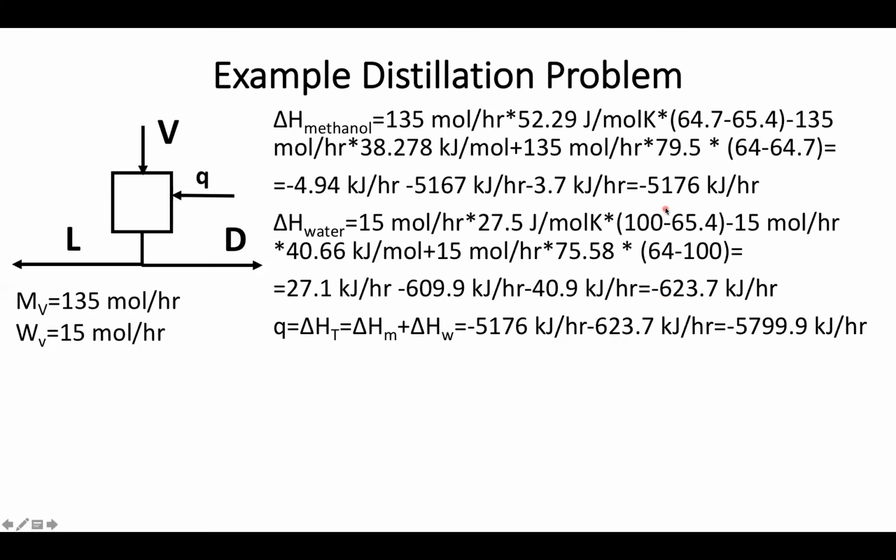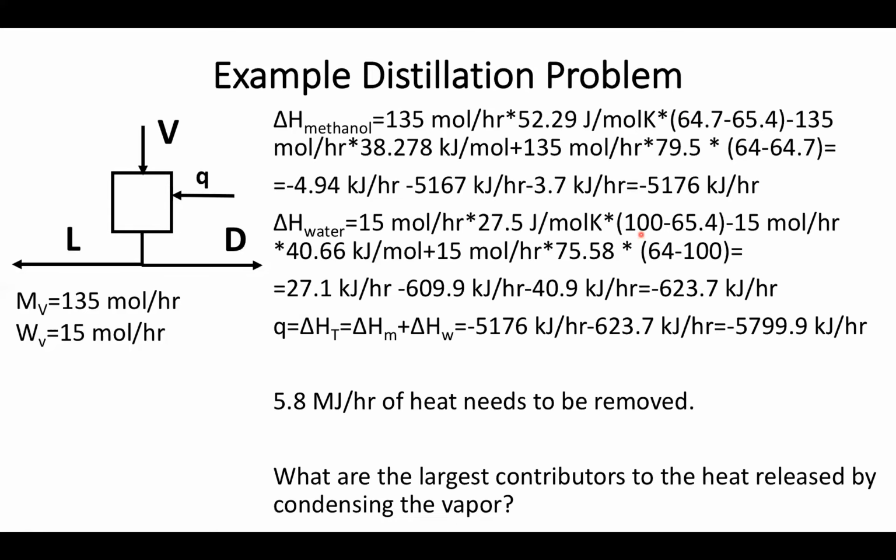So we can then add together these two components. We find we have an overall energy requirement of about 5.8 megajoules of heat needed to be removed per hour. Then we need to look at what most of the contributions to this heat release are going to be, so the big thing we're going to want to do is compare our two components.